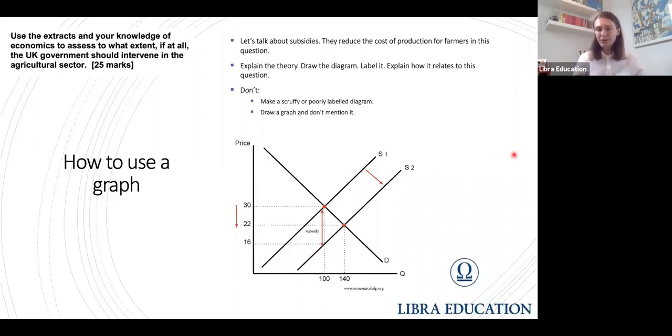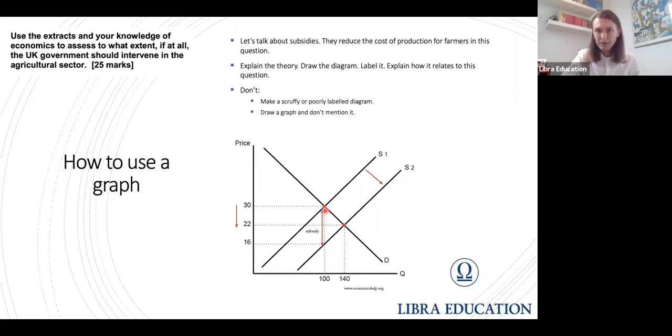As well as drawing this diagram, you need to explain it. Students that get 60% or 50% draw a graph and don't explain it. Students that get full marks always explain what they see. What you would write here is, as you can see from the diagram, when the government intervenes by placing a subsidy in the UK agricultural sector, the supply curve moves from S1 to S2.